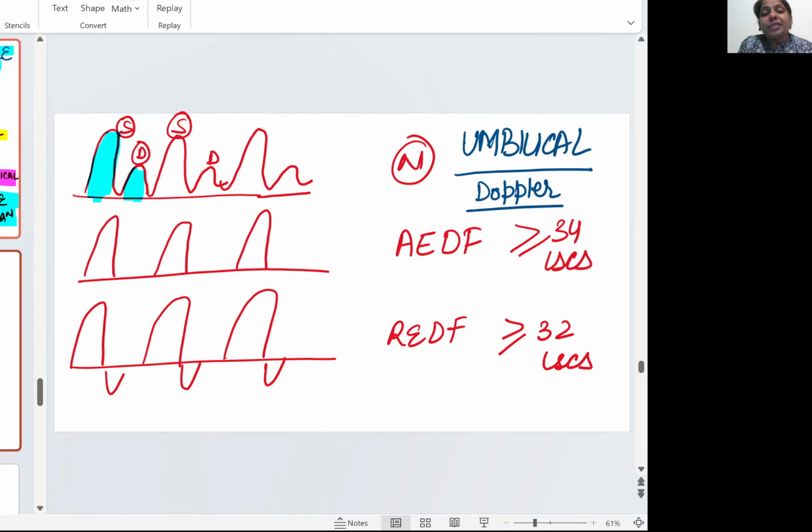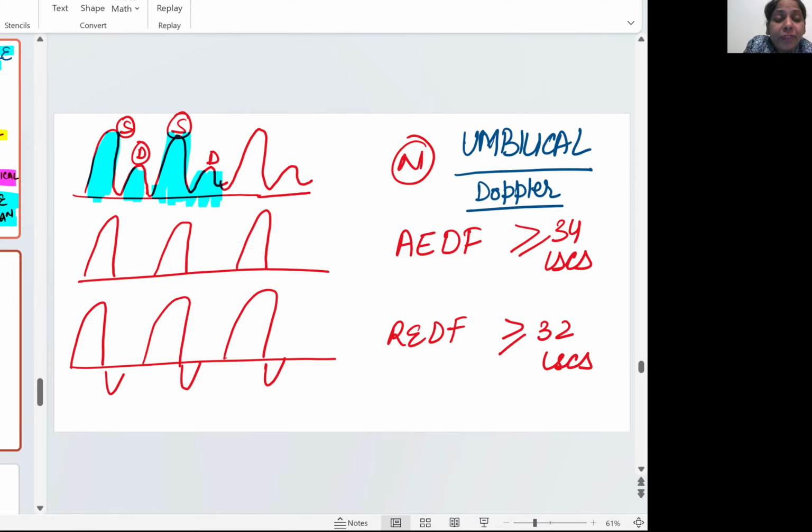So this is a normal umbilical Doppler: a long systolic wave and a small diastolic wave, again a long systolic wave and again a small diastolic wave. Umbilical Doppler is to see the IUGR.